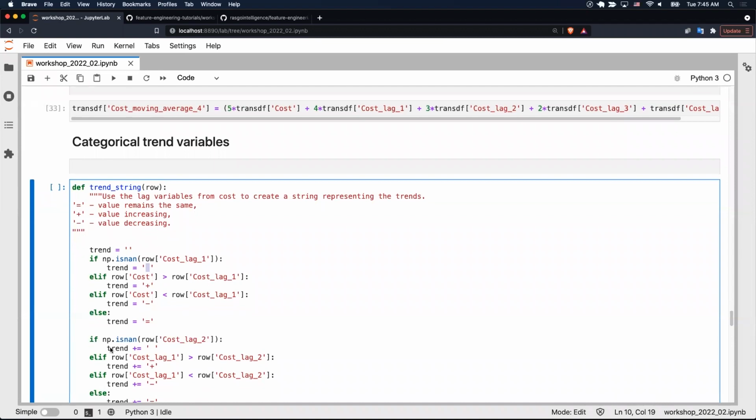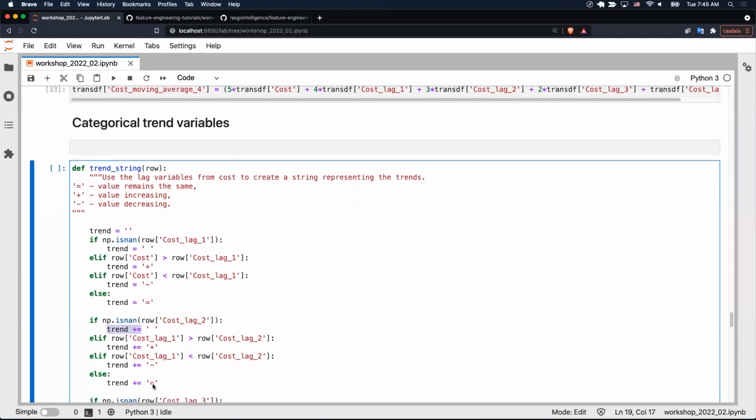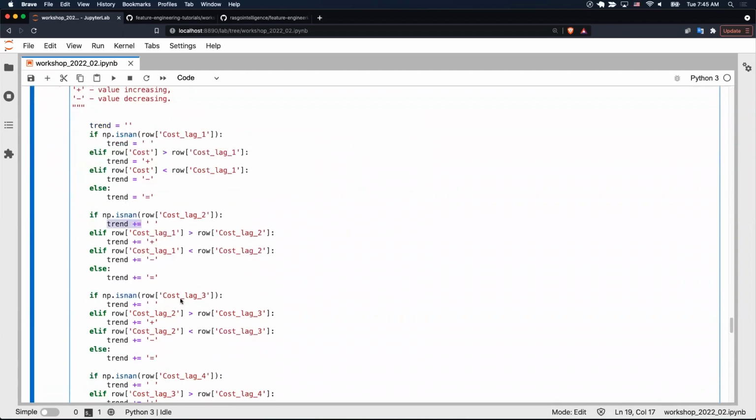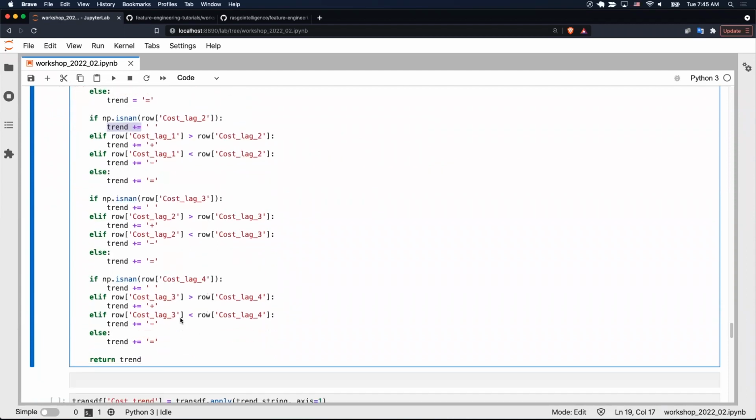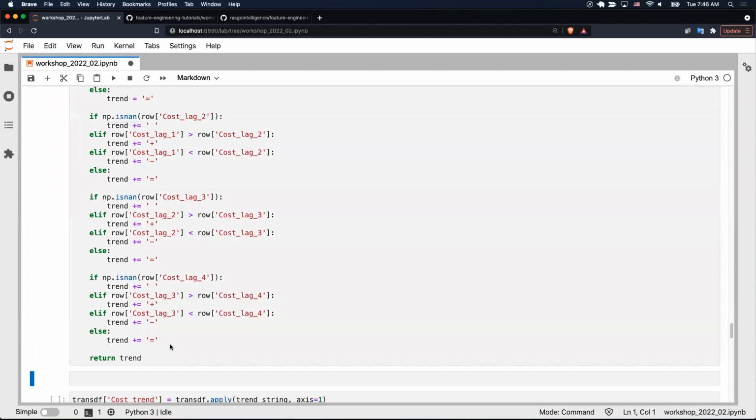And then we're going to add to that string either a blank, a plus, a negative sign, or an equal sign, depending on how the purchase amount one transaction ago matches the purchase amount two transactions ago, and so on for the third character and the fourth character. So we're going to create a 4-character long string with this function.